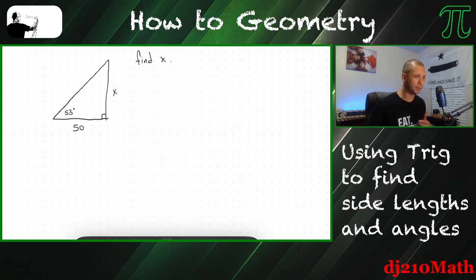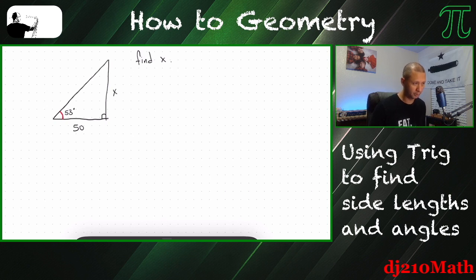All right, in this problem, let's look at what we're given. We have a right triangle, obviously, and we want to find x. So we're given a side, 50, and we're given an angle, 53. From the perspective of the given angle, what sides are we dealing with?